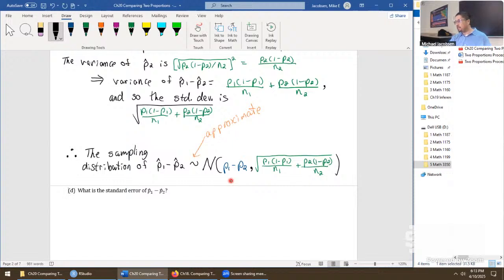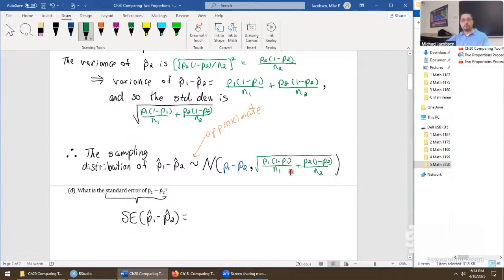For the standard error of p hat 1 minus p hat 2, it's often abbreviated as simply SE for standard error, but that's context sensitive. You have to know you're in chapter 19. Being more descriptive takes away the need for the context. So I often call this SE of p hat 1 minus p hat 2. So that's our new standard error.